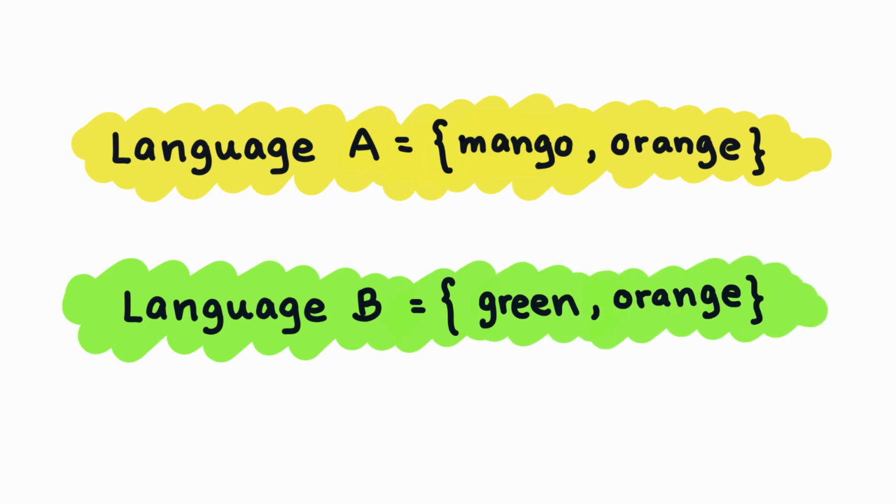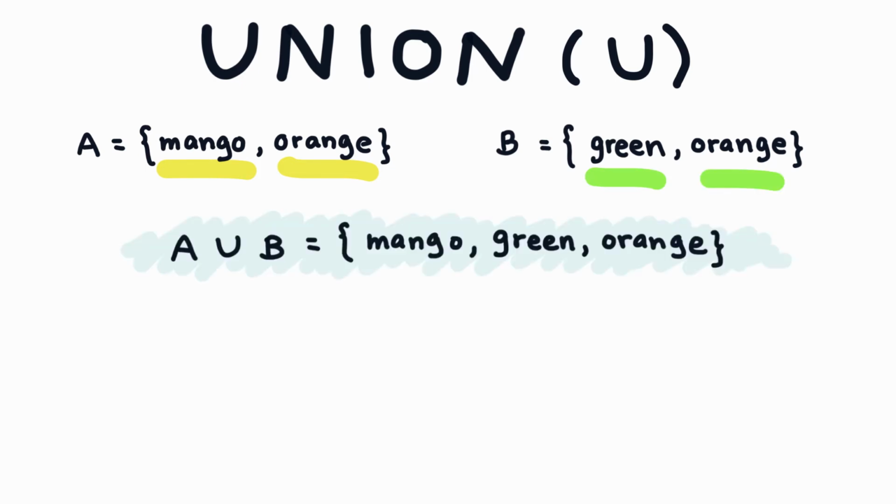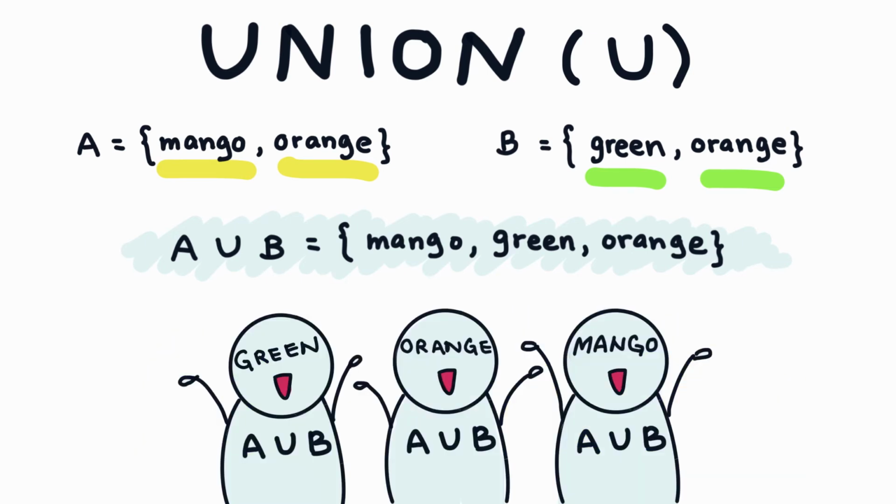The first operation we will look at is union, represented by this symbol. The union of two languages A and B will give us a new language containing any string that is either in A or in B, and there will be no repeating strings in this new language. So even though green is not in A, it is in A union B.